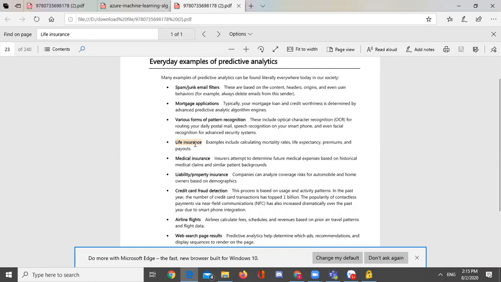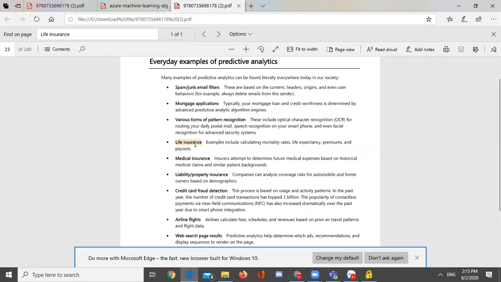If you are looking to group, like how many people are going to pay the premium, you can use clustering to classify each group: these are the people that are likely going to pay their premiums, and these are the people that are not. But here it's written as calculating, so I'm guessing that it means predicting the life expectancy. That's why I thought that regression would fit in.